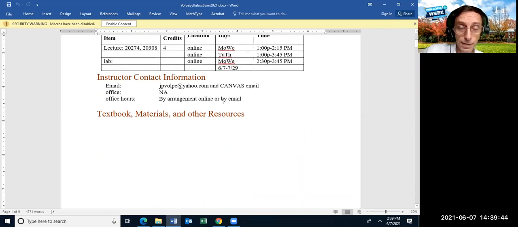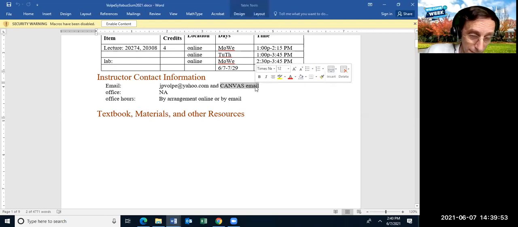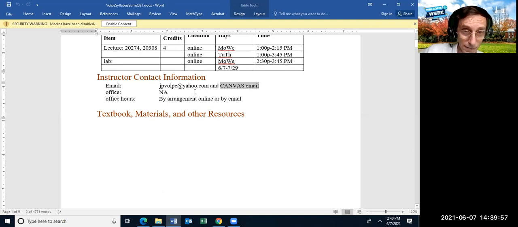If you contact me, the best way to do it, I didn't mention that, is to contact me with the Canvas email, because I'll only get student emails in the Canvas email. In the other email, I'll get other emails. And I do have a Clark College email, which I should put on my syllabus. I didn't realize I don't have that there. It's something like jvolpe@instructor@yavapai, something like that.